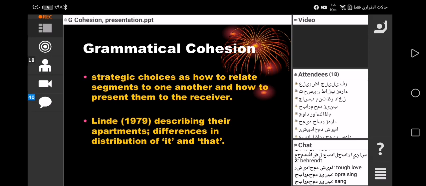Well, in a study, Lind 1979 asked people to describe their apartments. She observed that there were differences in the distribution of it and that.